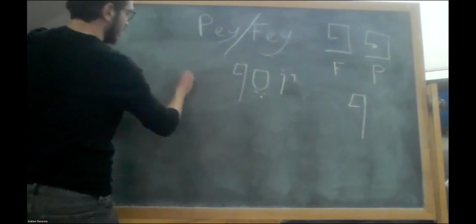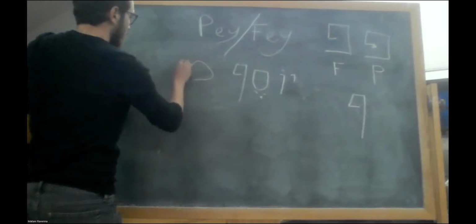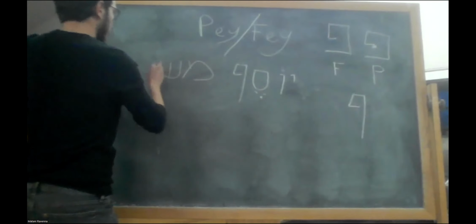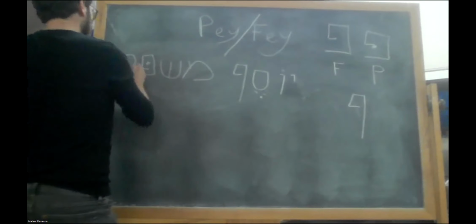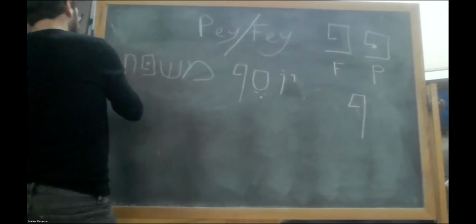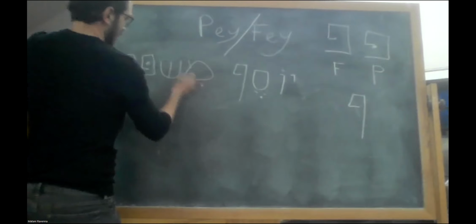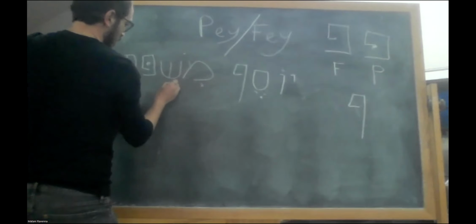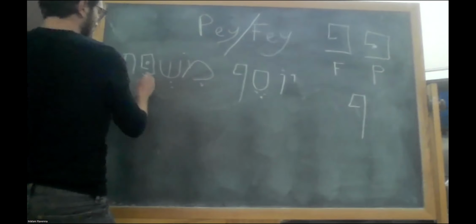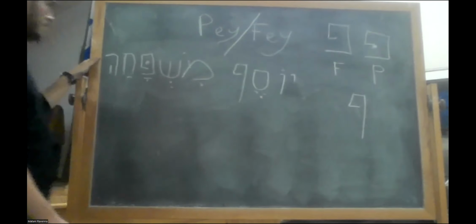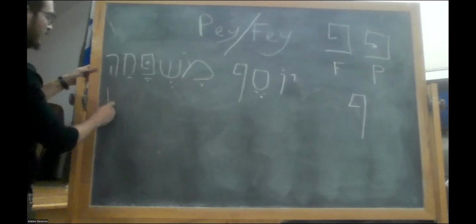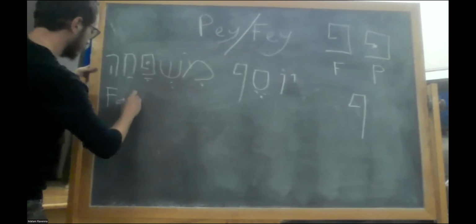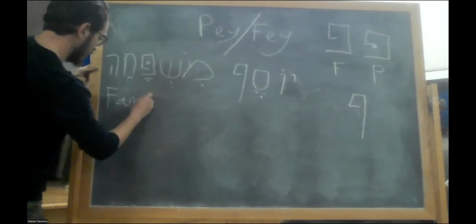Another example I have is the word family, mishpacha, mishpacha. Write it down. Can anyone see it? Can everyone see it? What is that? Mishpacha, that stands for family. I'll also transliterate.